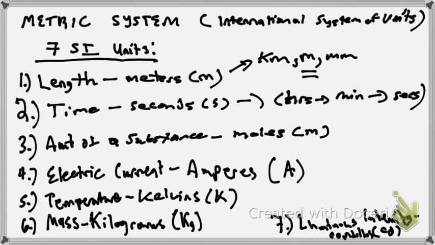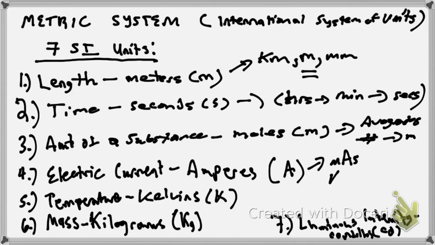And then moles, we have to go from Avogadro's number to the amount of moles. Electric current will probably be given to you, but they might give it in the form of milliamps or kAs.